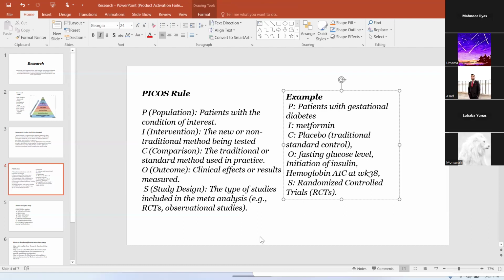Ma'am, placebo is something that you give, but it doesn't cause any effect like any kind of drug. I mean, it's just a substitute for a drug, but it doesn't cause any effect. Okay, yes, exactly.